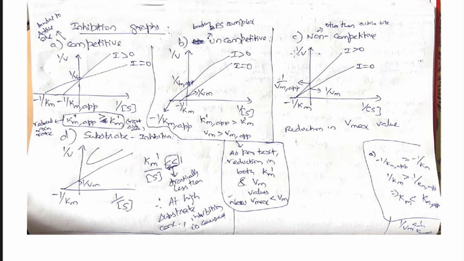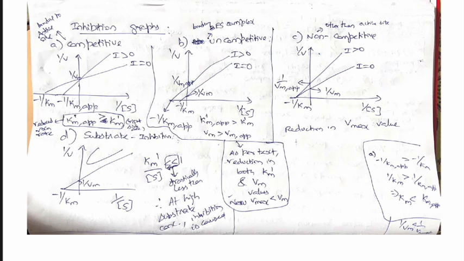And then for non-competitive, in this way the inhibition takes place. As per the text, there is a reduction in Vm value, and the new Vmax is less than Vm. That's what the conclusion is.